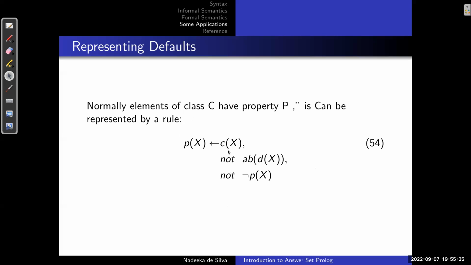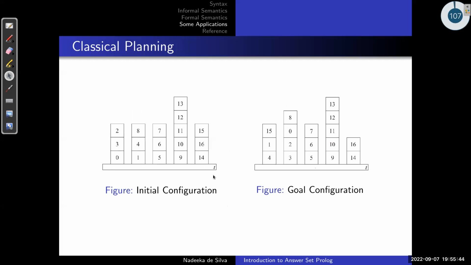So they use this default knowledge and construct a lot of programs, and it can also be used to solve classical planning problems. For example, let's say I have this table and these blocks on the table.